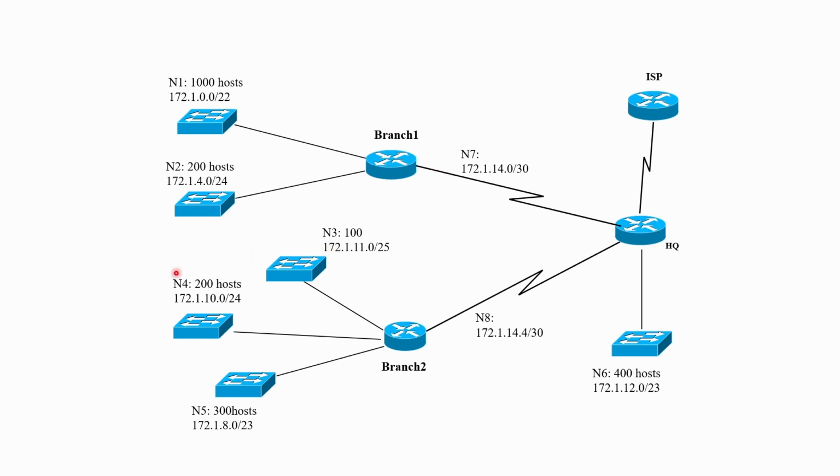The same branch 2 got 3 subnetworks created, variable length. The summary has been calculated. That's going to be 172.1.8.0/22. That's the multiple site variable subnetting with the summarization.